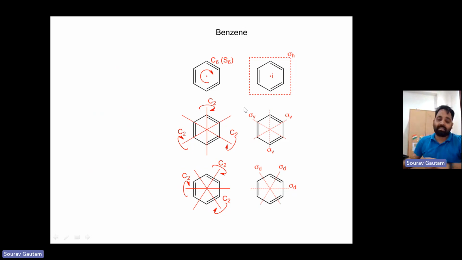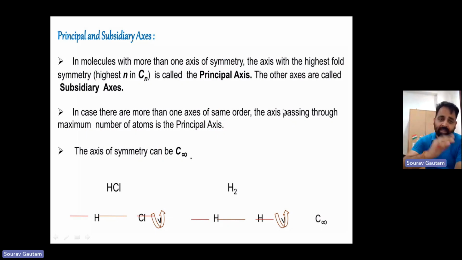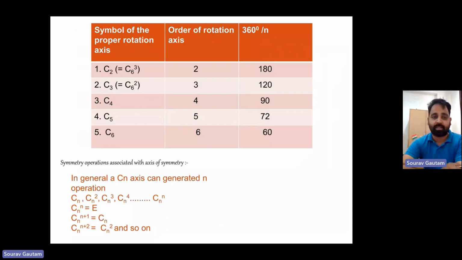So there is a C6 and 6C2 in the 6-fold axis of symmetry. The principal axis is the axis around which the maximum number of rotations is carried out, and the rest of the axes are called subsidiary axes.